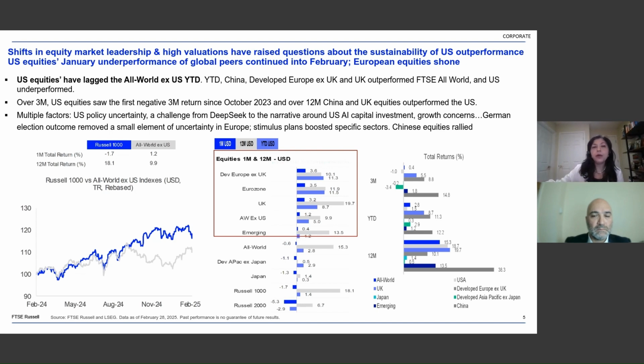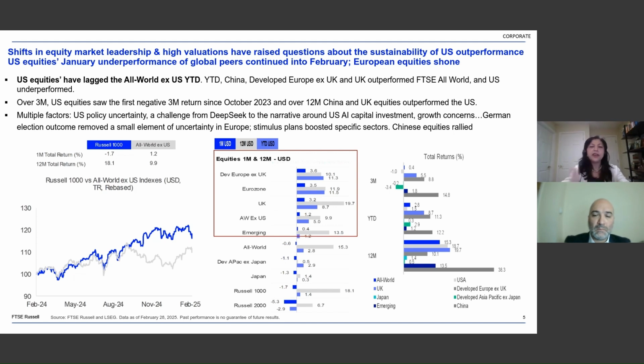And who's really outperforming? It's China, it's developed Europe, it's the United Kingdom. Those of us who saw our past episodes over last year will remember we often talked about other countries playing catch up to United States equities, closing the gap. And now that catch up story has moved into a rotation story.